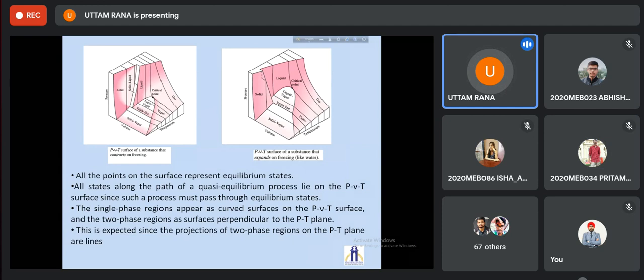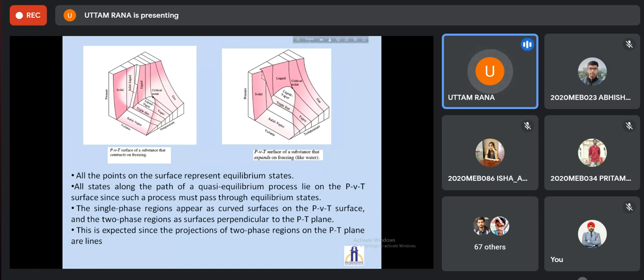Whereas wherever there is a phase transformation, from solid to liquid or liquid to vapor, out of P, V, T, the P and T are dependent. They are no more independent. So in the two phase regions, there is a surface perpendicular to the PT plane. They have to be perpendicular to the PT plane because pressure and temperature are not independent of each other.